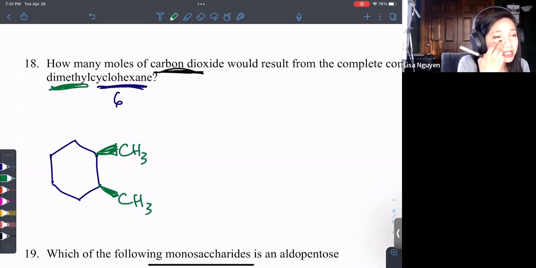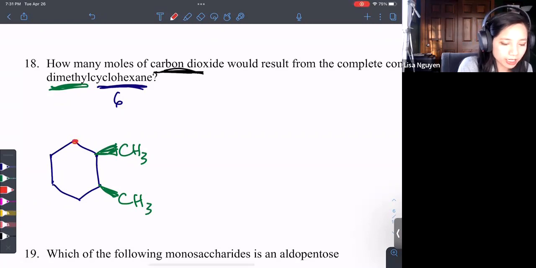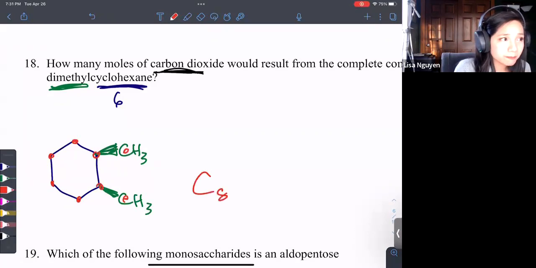Since we're just getting the chemical formula, we don't really care about the stereochemistry. If I called this trans-dimethylcyclohexane, the answer would be the same because they have the same chemical formula. All right, so we need to get the chemical formula. It's the same idea. We need to count the number of carbons: 1, 2, 3, 4, 5, 6, 7, 8. There's 8 carbons.